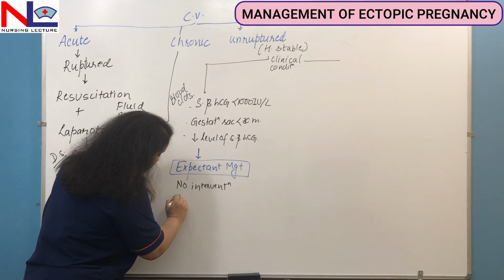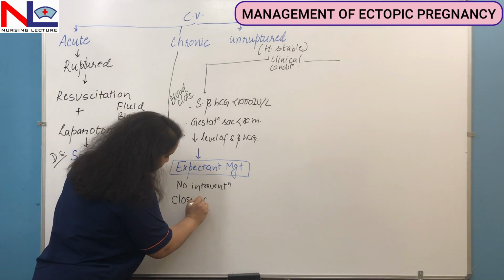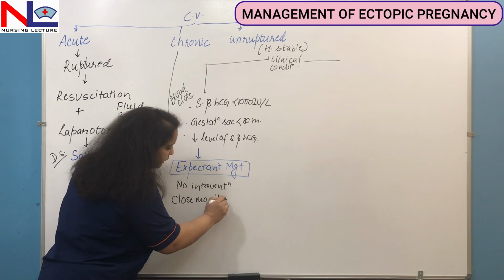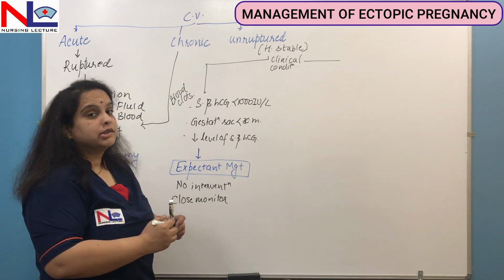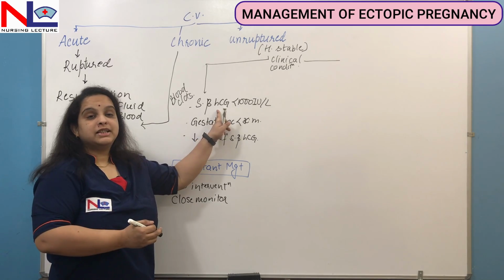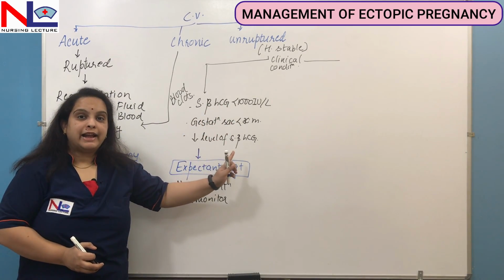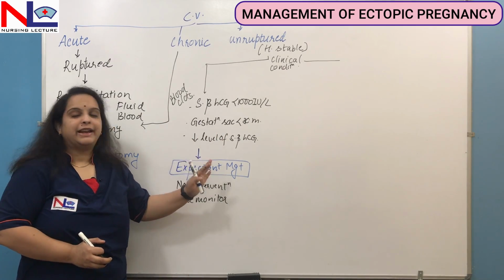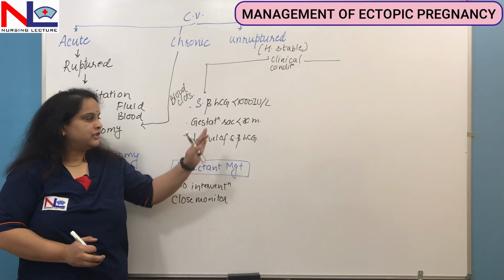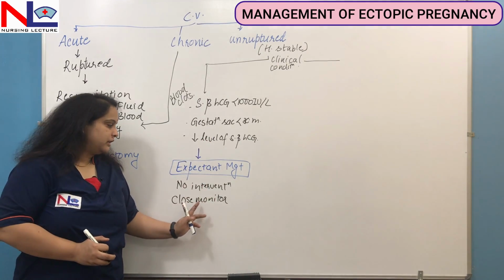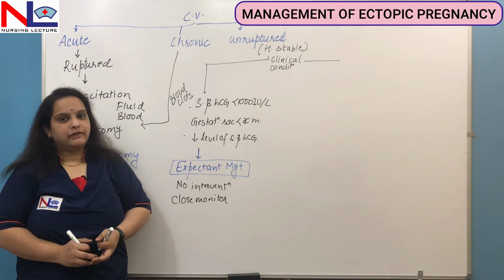You can even admit the woman in hospital and monitor the serial serum beta HCG level, because if it is continuously declining, there is no need to give any medication or any other treatment. Just admit and closely monitor her serum beta HCG level.